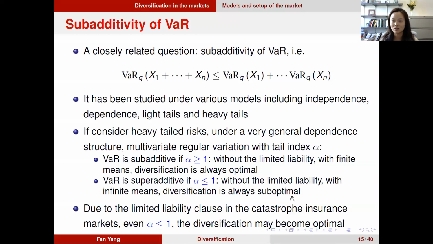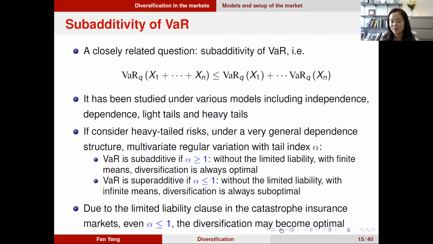That means there's no way for any insurer to participate in the market. However, due to the practical requirement of the limited liability clause in catastrophe insurance markets, even for alpha less than or equal to 1, the infinite mean situation, diversification can still become optimal.